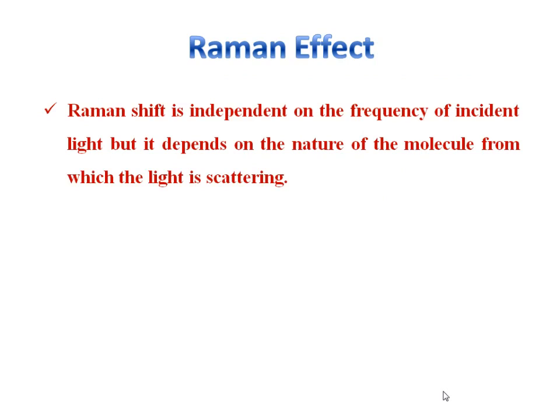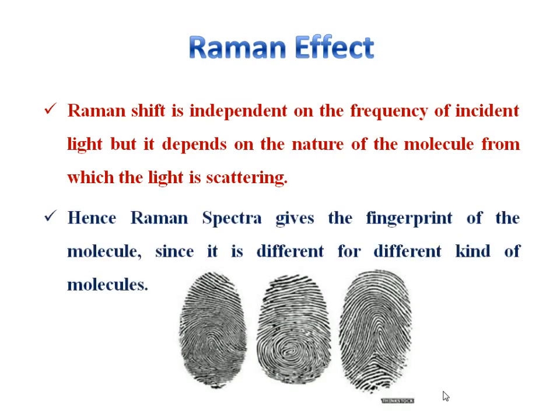Here, one thing is very important to note: Raman shift is independent of the frequency of incident light, but it depends on the nature of the molecule from which the light is scattering. Hence, the Raman spectrum gives the fingerprint of the molecule, since it is different for different kinds of molecules.